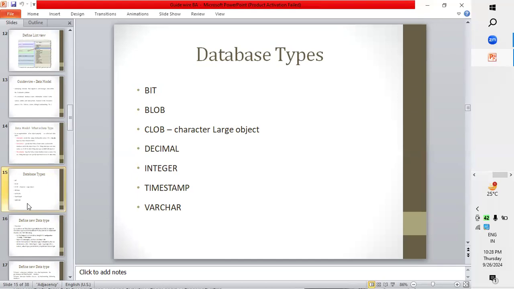The first one is quoting, which means quotations.